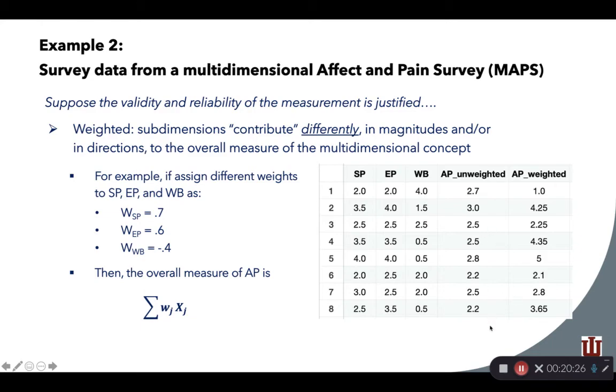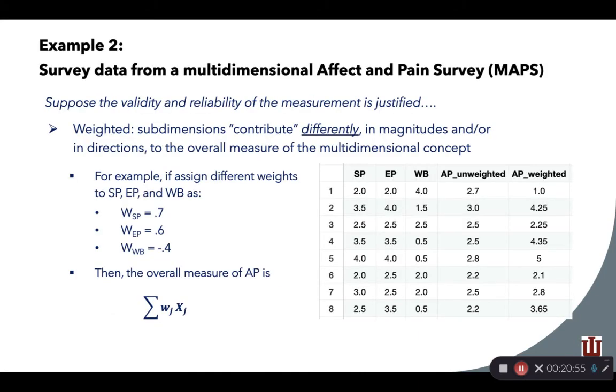So what you can see is that the unweighted overall measure is different from the weighted measure. This tells you that when you are analyzing multidimensional survey data, you want to know if each of the subdimensions is weighted differently in the overall measure of the concept.